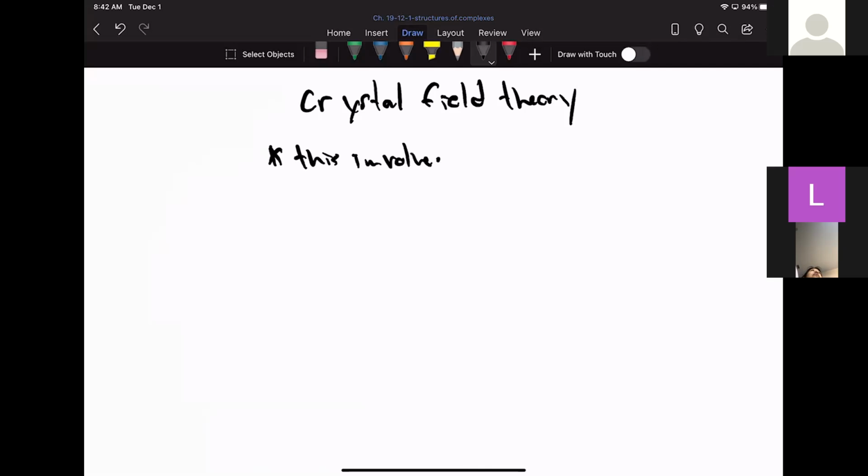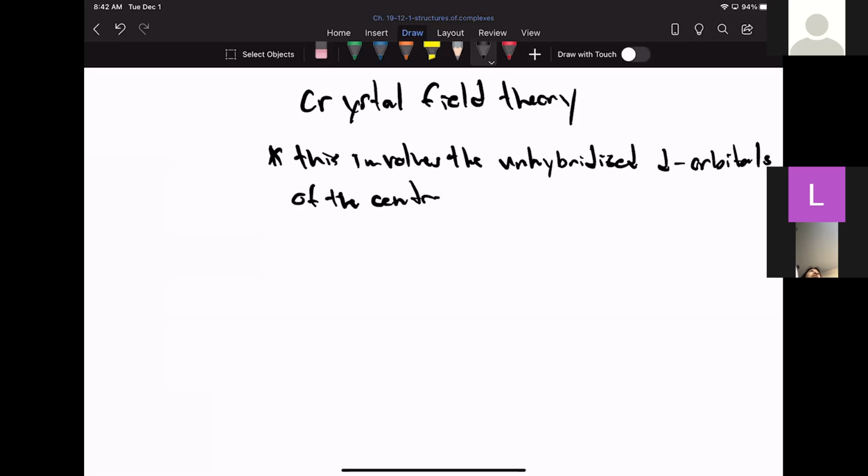So this involves the unhybridized d orbitals of the central atom. And it allows us to understand the structure, the color, and the magnetic behavior of these complexes, right?